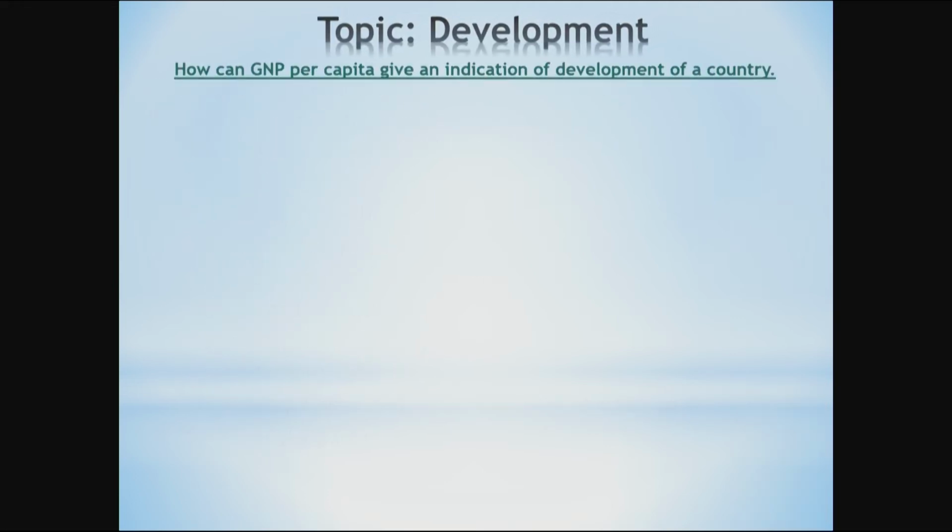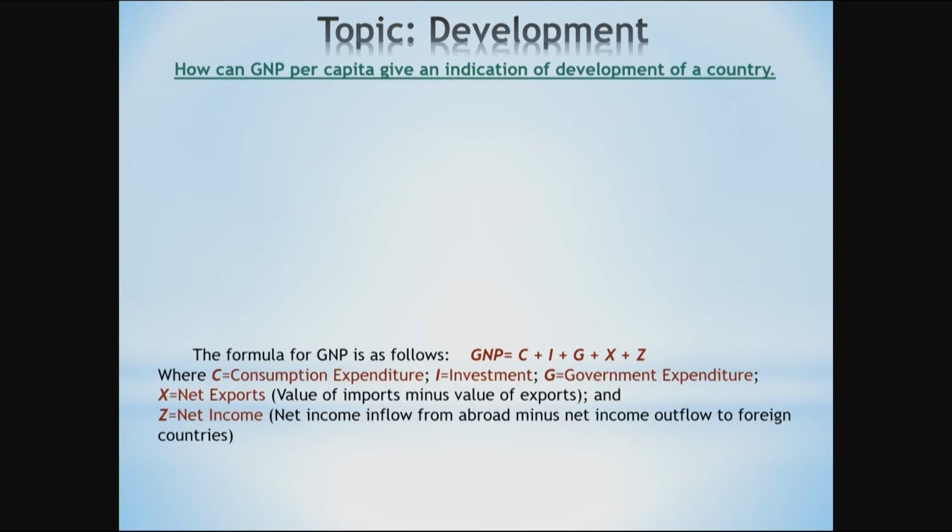How can GNP per capita give an indication of development of a country? As stated in our homework, the formula for GNP is as follows. GNP is equal to C plus I plus G plus X plus Z, where C is consumption expenditure, and consumption expenditure also is known as the consumer spending and consumption.